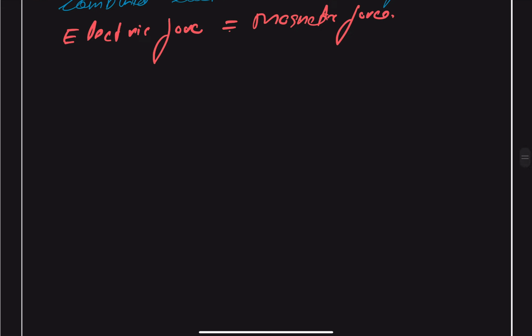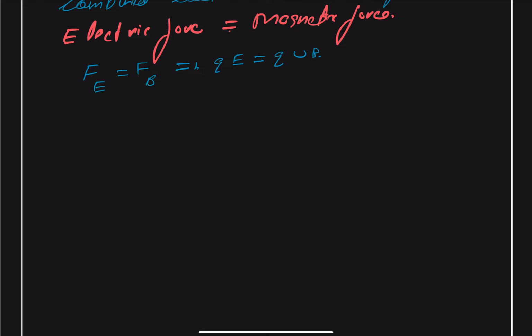So we can say our Fe should be equal to Fb, or we can write Q multiplied by electric field will be equal to Q, and we have V multiplied by B.